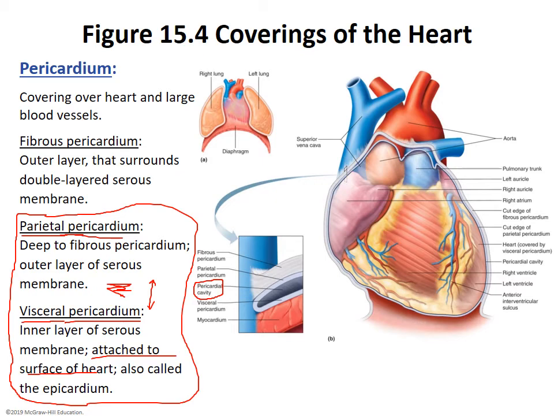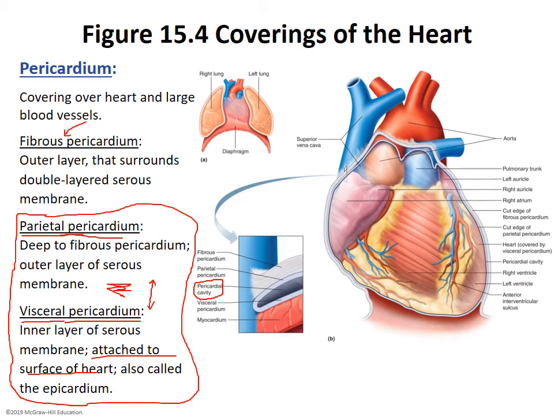But there's a third one that we didn't look at in 210, and it is called the fibrous pericardium. This is a very, very tough outer membrane. We're not going to be able to do the dissection this semester, unfortunately, but even in dissection, a very sharp scalpel has a tendency to have a hard time getting through this fibrous pericardium.